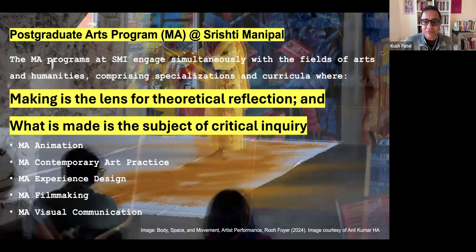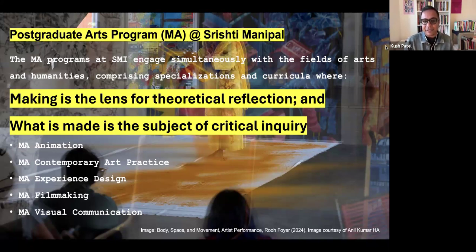And we encourage students, and we bring those lenses as practitioners, as academics to each of these programs, where making is not just seen as a technical process of building something, but really is a lens for theoretical philosophical reflection, but also where things that are made with hand, with digital technologies, with analog materials is also a subject for your critical inquiry into the world.